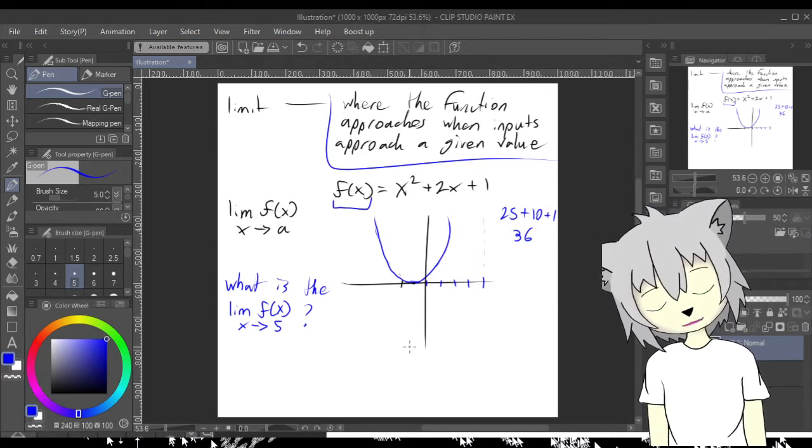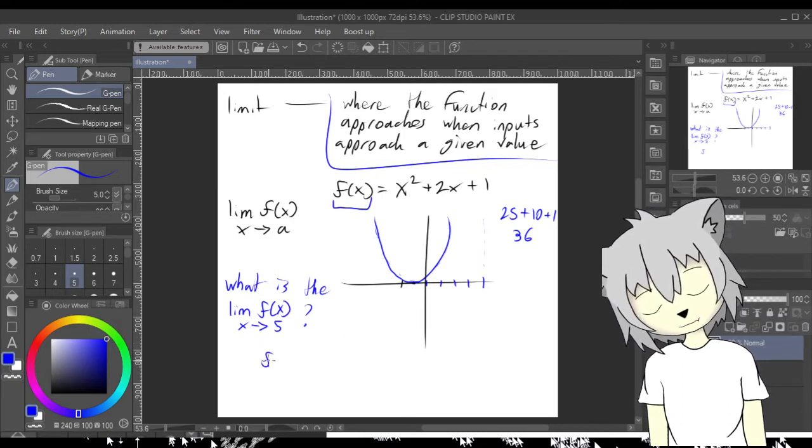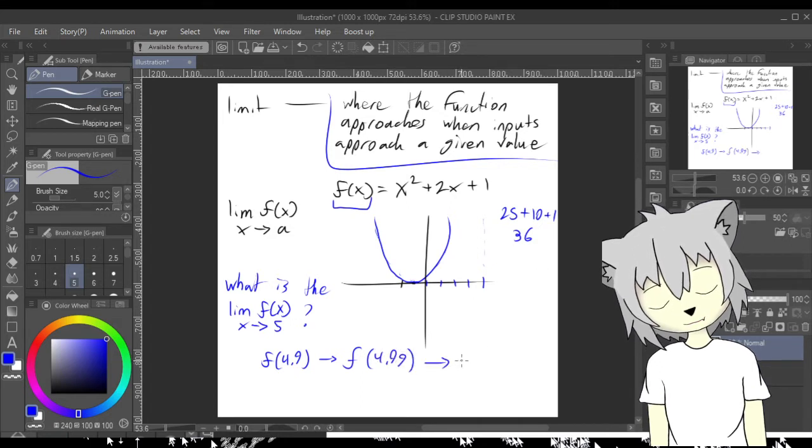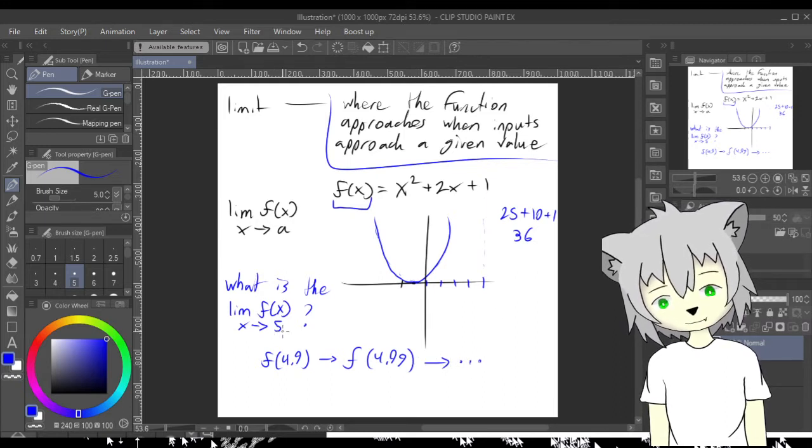Basically, you input f of 4.9, and then you continue on to 4.99, and you keep on going until you get infinitesimally close to 5.